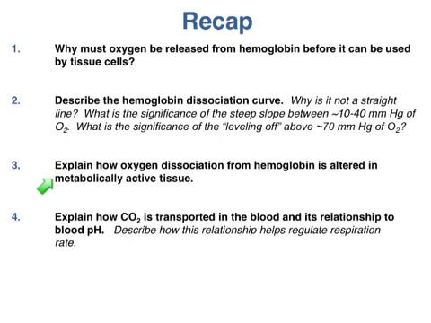Talk about how oxygen dissociation is changed in metabolically active tissue, so the effect of heat, of blood pH, and carbon dioxide. And talk about how carbon dioxide is transported in the blood and why carbon dioxide affects the pH of the blood. This last little bit here, we'll talk about more when we talk about neural regulation of respiration.